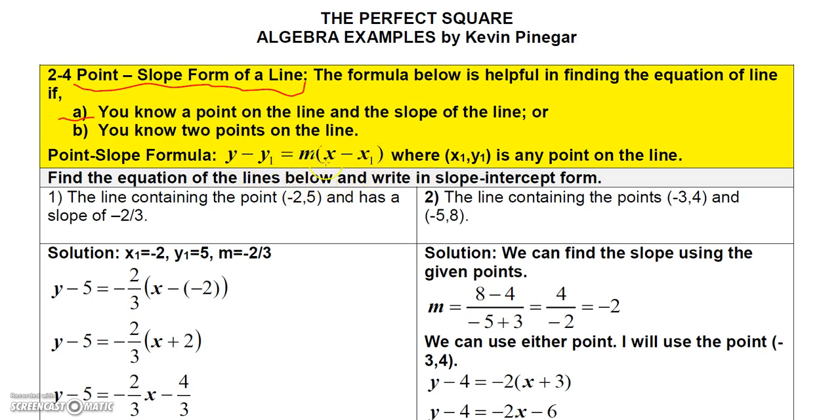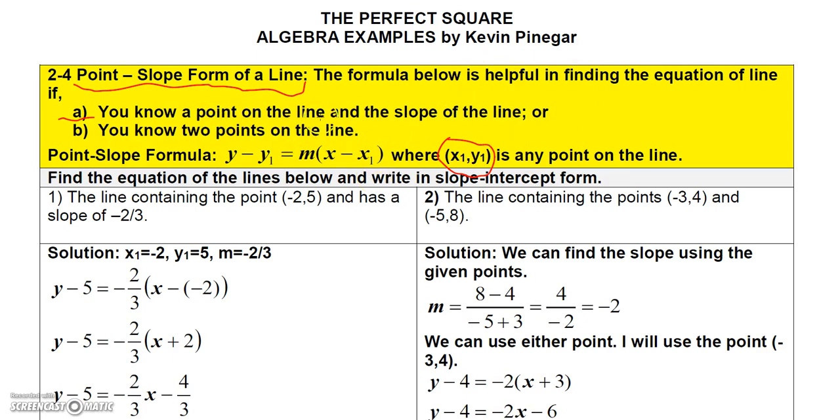Now y and x are the variables that will be in the equation, but the y1 and the x1 are the values of the point that you choose that's actually on the line. And I say the point you choose because in the second case where you're given 2 points, you could choose either one.